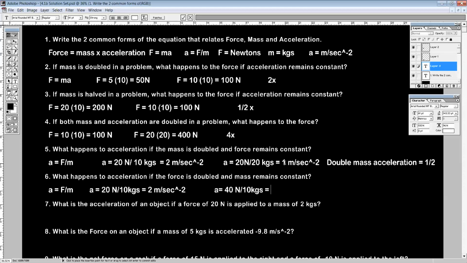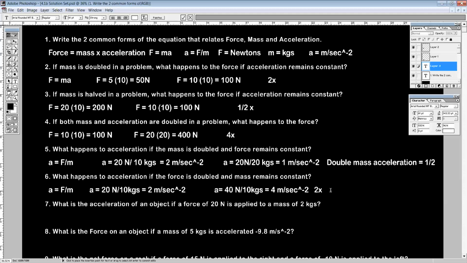So we are at 4 meters per second squared. I need to get some sort of shortcut key for that. But anyway, we have doubled 2 times.